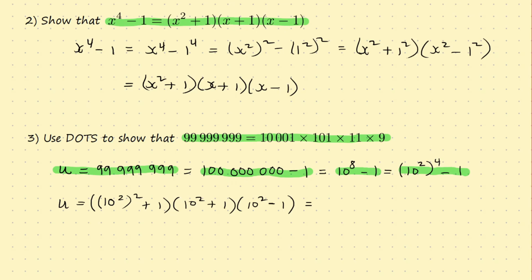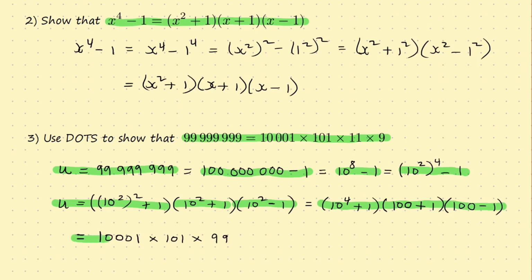Then, from the previous problem, we have u equals ((10 squared) squared plus 1) times (10 squared plus 1) times (10 squared minus 1), which equals (10 to the 4 plus 1) times (100 plus 1) times (100 minus 1), which equals 10,001 times 101 times 99, which equals 10,001 times 101 times 11 times 9.